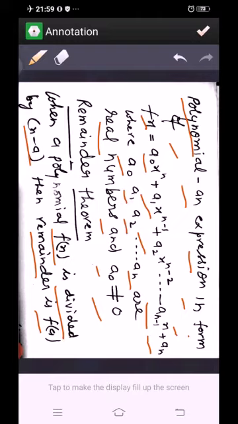It means for any polynomial given in terms of x, where x minus a is a divisor, we put x minus a equal to 0, that is x equal to a. If we put the value of x, that is a, then the remainder will be f(a). It means in place of all the x we will put a, and the resulting value will be the remainder.